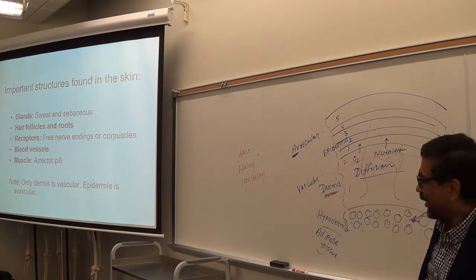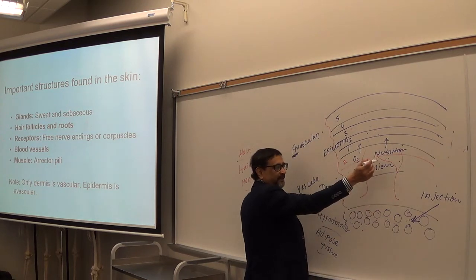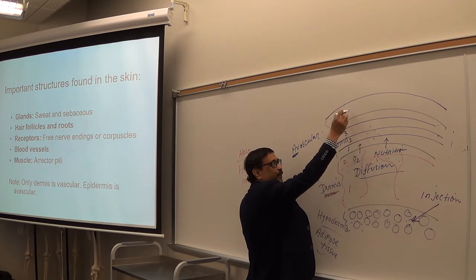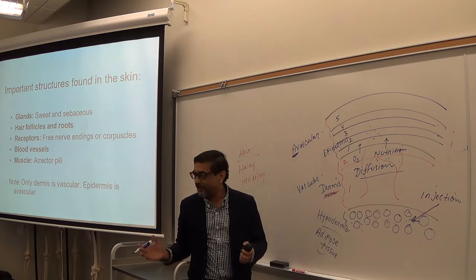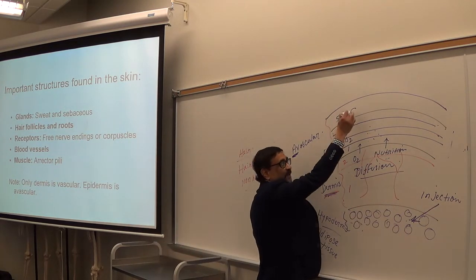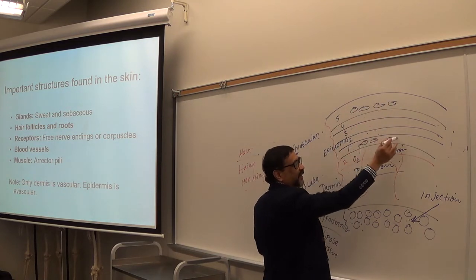Now you tell me, if from the underlying dermis nutrition and oxygen enter into the epidermis, which cells will get more oxygen and nutrition, which cells will get less? These cells will get less, and these cells will get more.